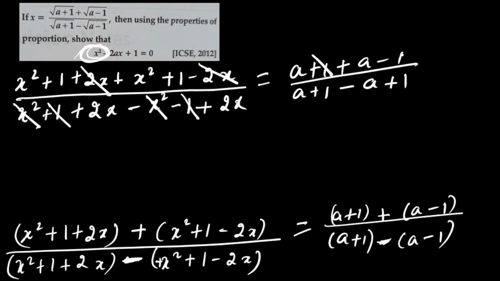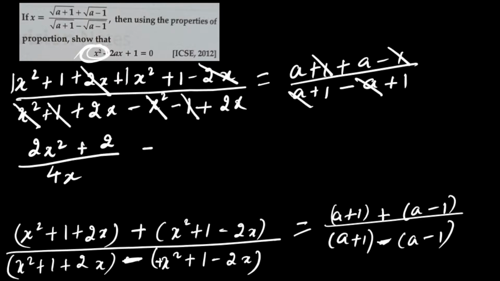Here also plus 1 and minus 1 will get cancelled, a and minus a will get cancelled. So what we are left with now: x square plus x square is 2x square, 1 plus 1 is 2. Here 2x plus 2x is 4x. And this side a plus a is 2a, 1 plus 1 is 2.